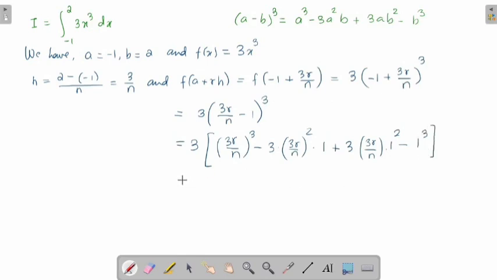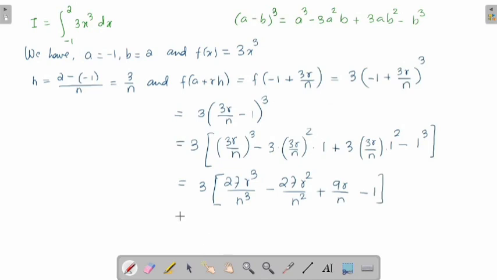Now open the bracket, so you get 3 into, so this is 3 cube, that is 27 r cube by n cube, minus, 3 square is 9, 9 into 3 is again 27, so this becomes 27 r square by n square, plus, 3 threes are 9, so this becomes 9r by n, minus 1 cube is just 1.